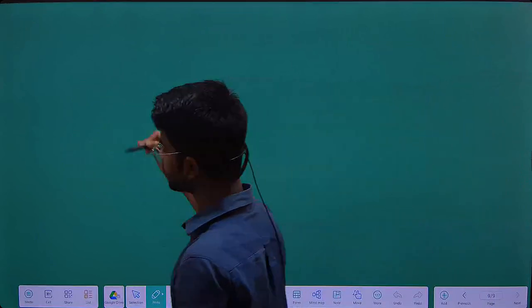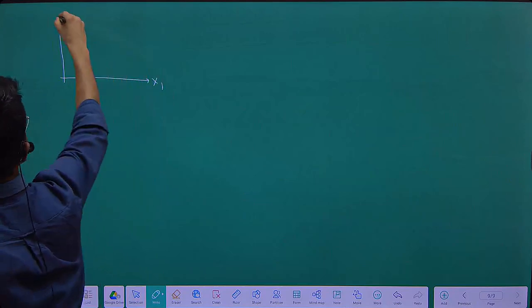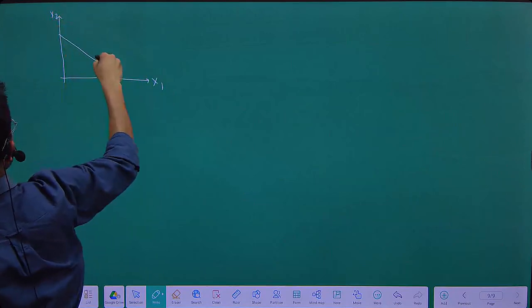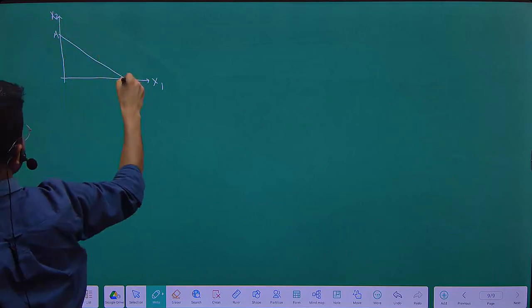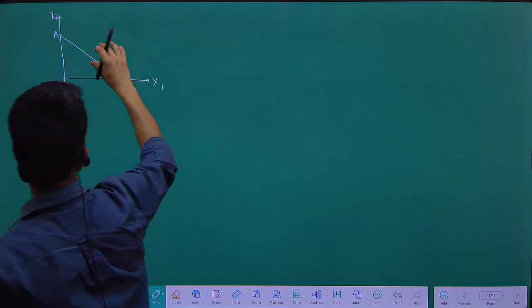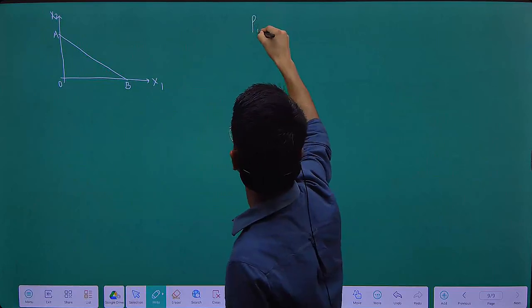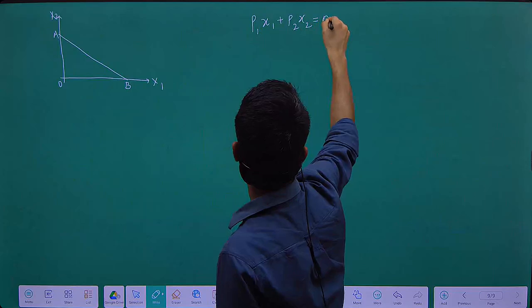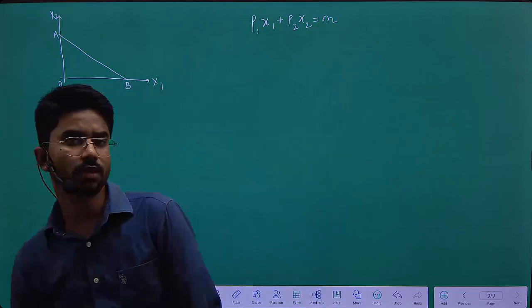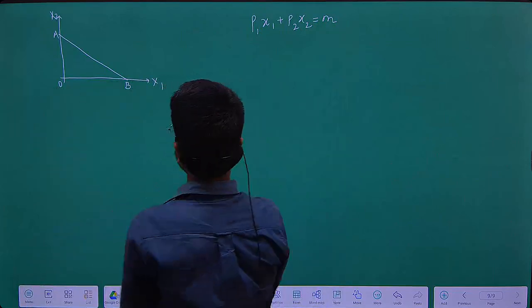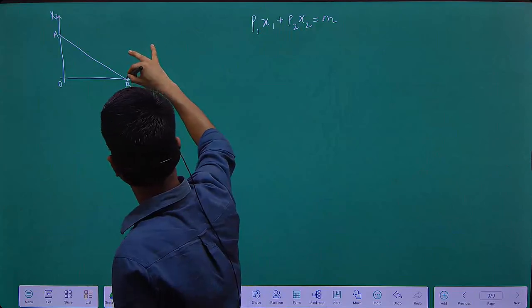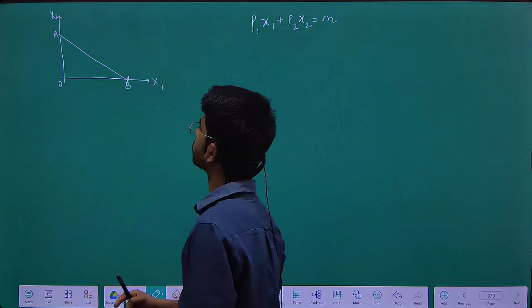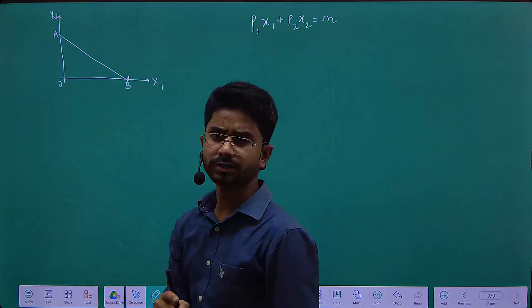So let's move ahead. We had a budget line like this, where you have two goods x1 and x2. The budget line is represented with AB, and suppose this was P1 x1 plus P2 x2 equal to M. Now just think, what would be the maximum value of this point on the horizontal axis?